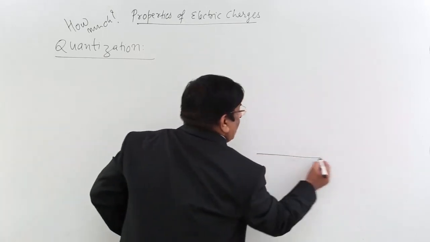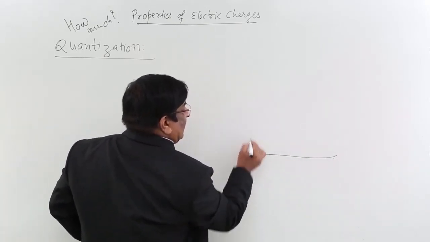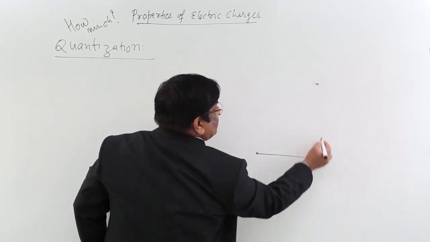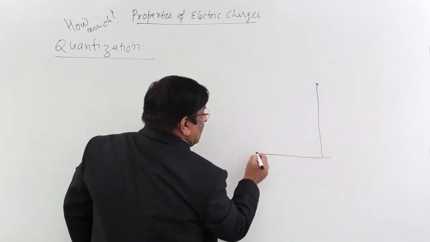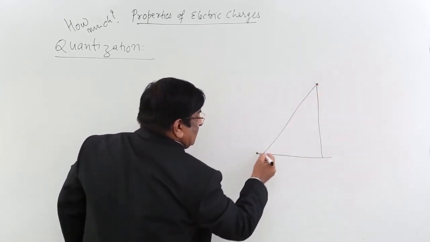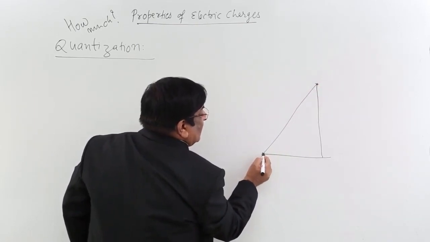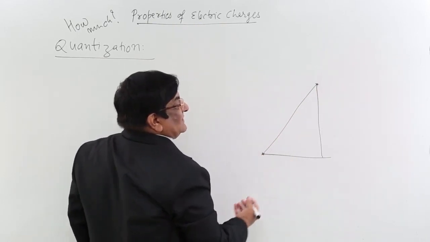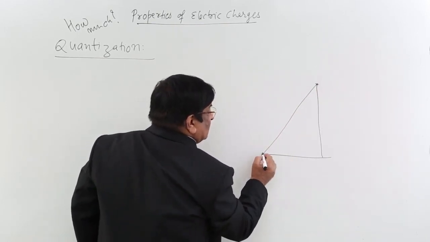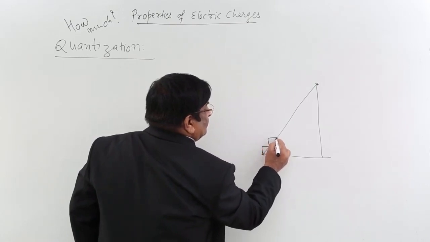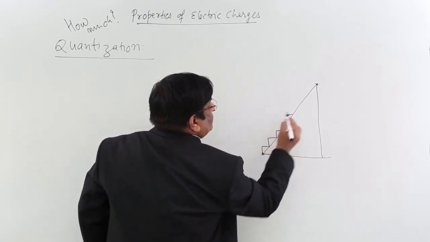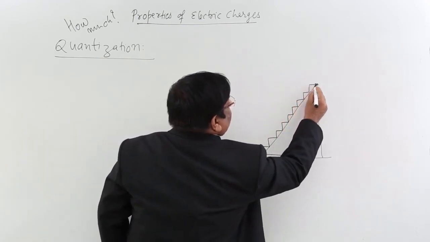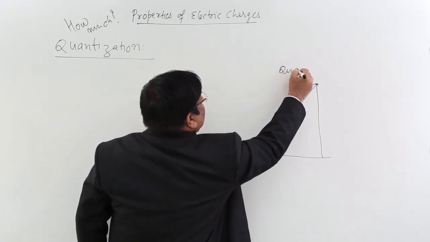Like if a body has got this much charge, and after charging it has got this much charge, then from this point to this point, the charge has not increased this way. Then how has it increased? The answer is charge increases this way. So what does it mean? This is quantization.